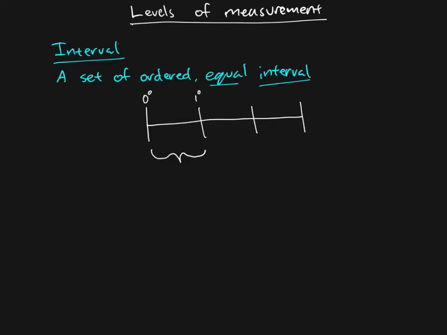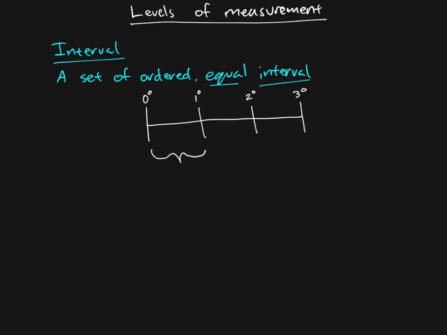This will be 1 degree Celsius, 2 degrees Celsius, 3 degrees Celsius. A temperature scale like Celsius or Fahrenheit. We'll talk about another temperature scale in a minute, but Celsius and Fahrenheit temperature scales are examples of interval scales because we have these ordered equal intervals.